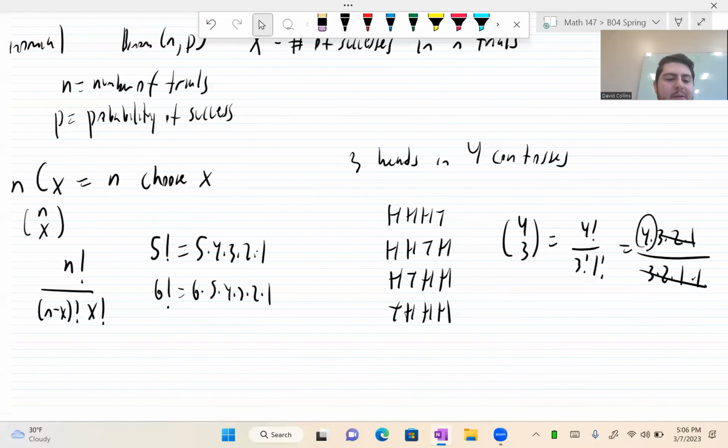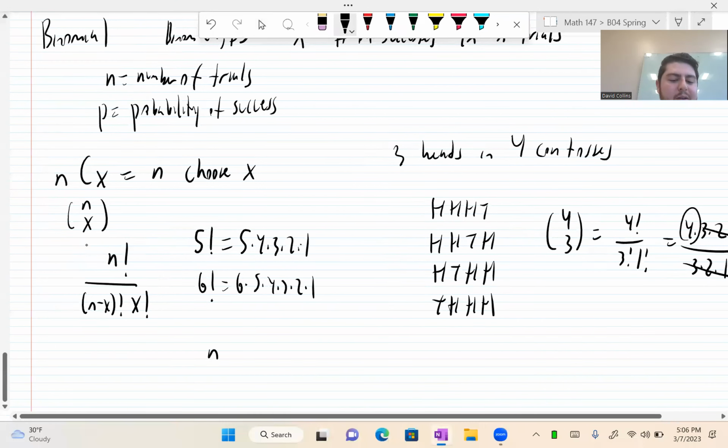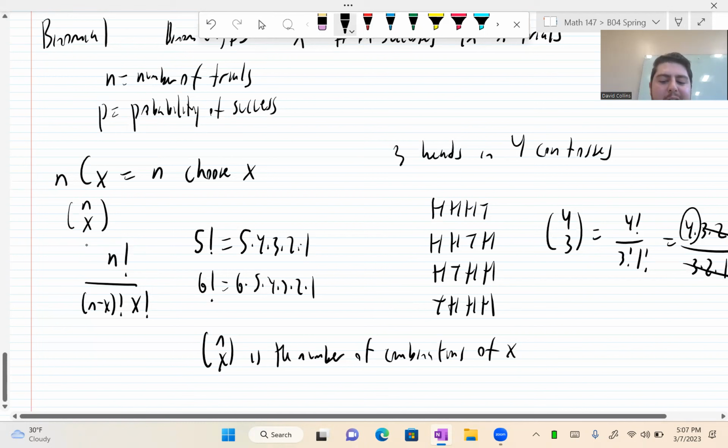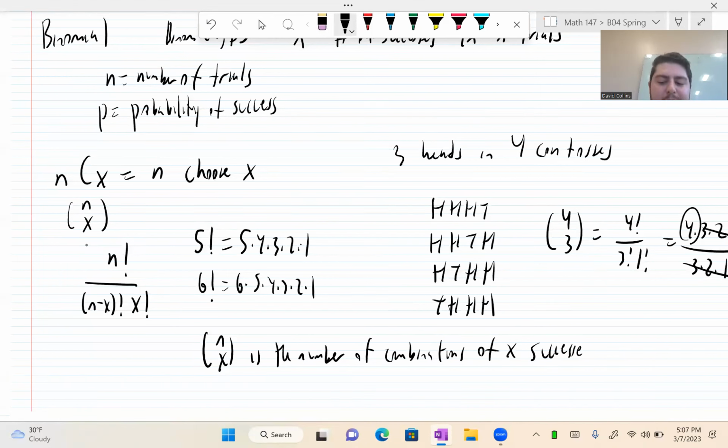What it is, N choose X is the number of combinations of X successes in N trials.